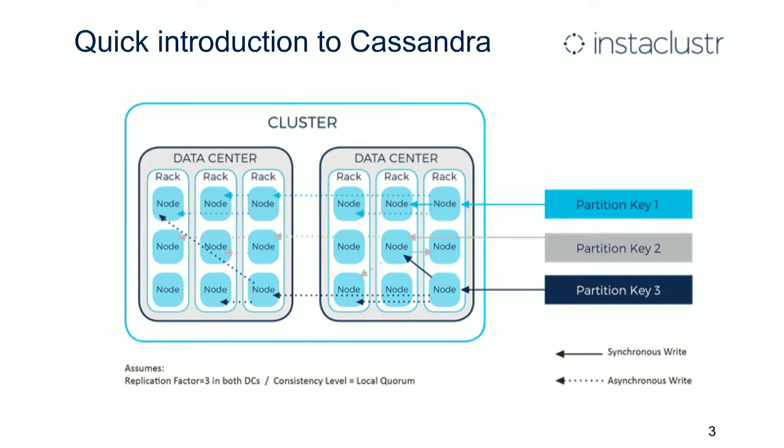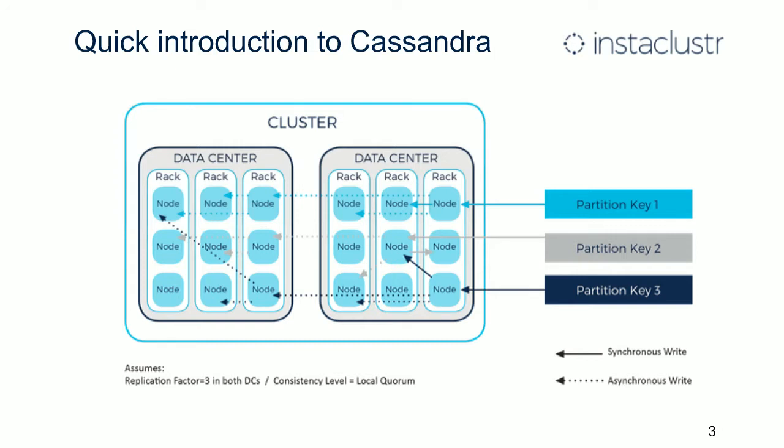Cassandra does this by being a collection of nodes that are all the same, peers. There are no masters or anything like that, with data replicated across multiple nodes in a cluster, and they all work together as a single logical database.